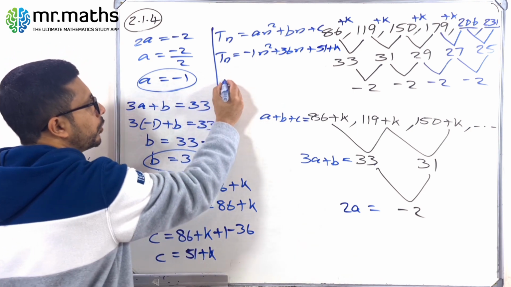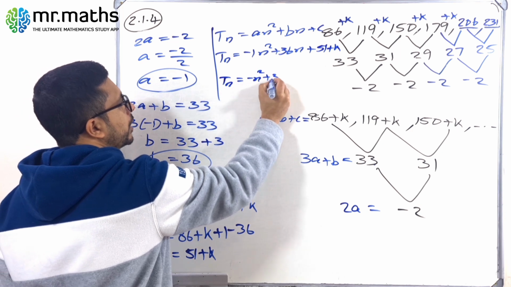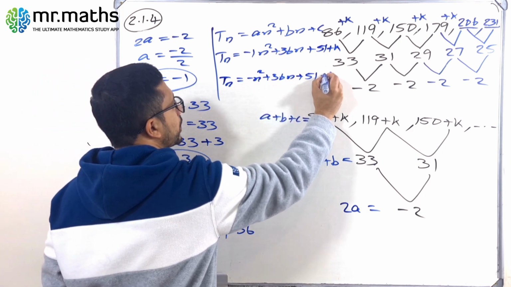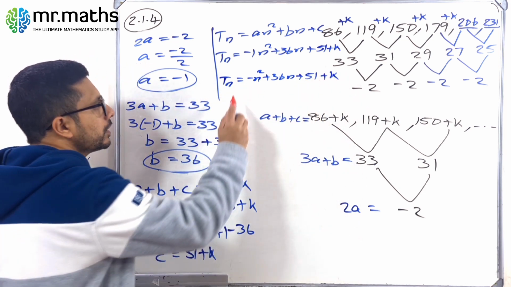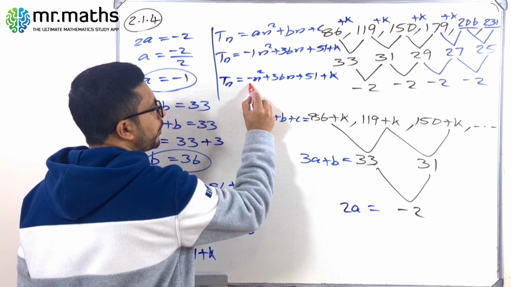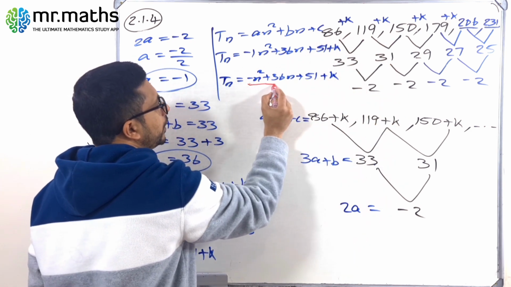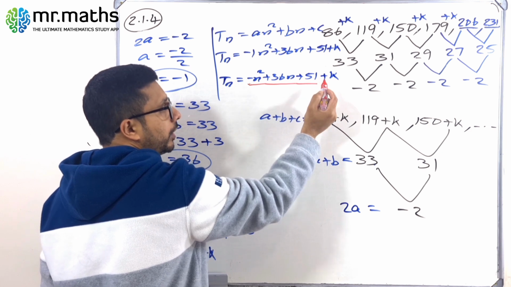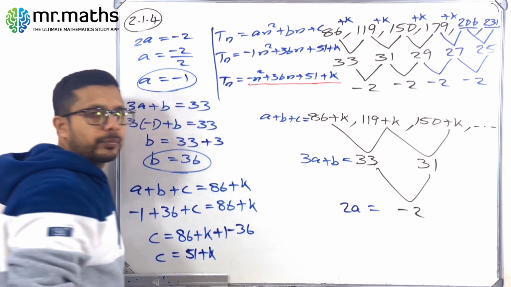If I write once more, Tn is equal to minus n square plus 36n plus 51 plus k. Now look at this one. All of these are the same as the previous question: minus n square same thing, 36n same thing, 51 same thing. So the only additional part is this plus k coming there.